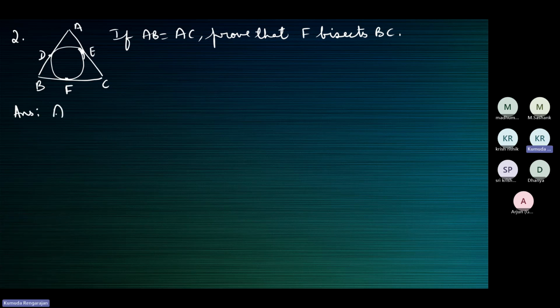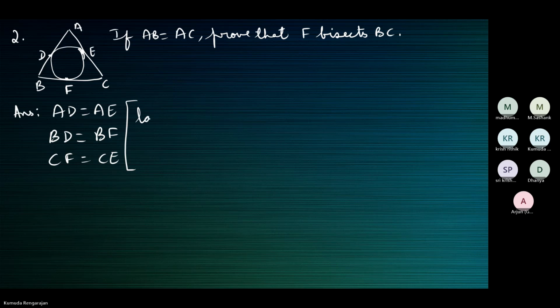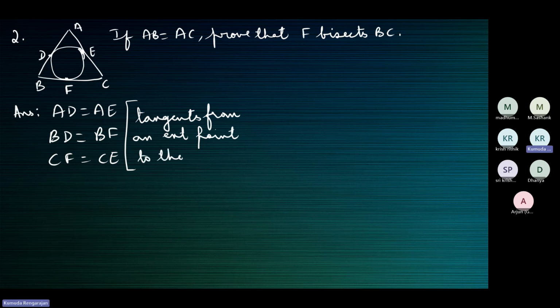You write AD equals AE, all the results we know, and then BD equals BF and CF equals CE, because tangents from an external point to the circle are equal.